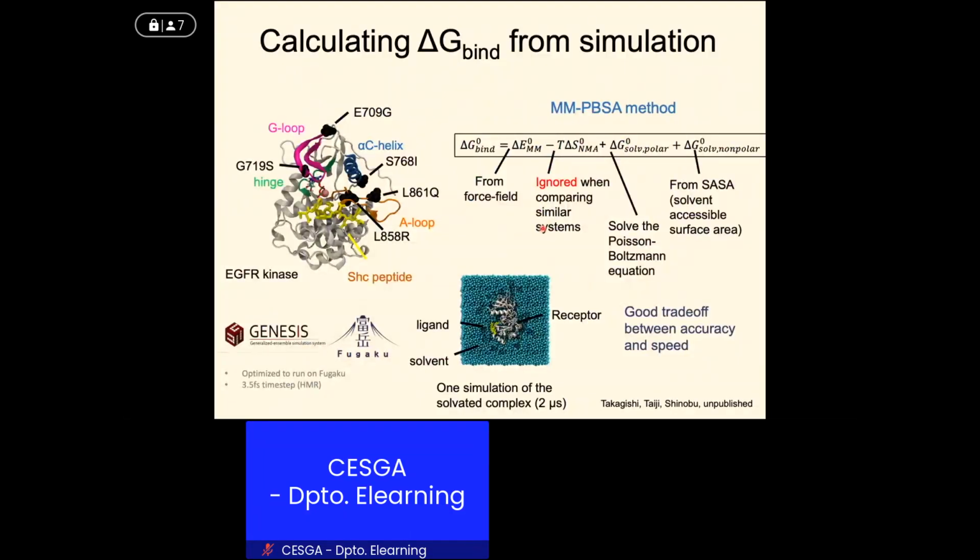So we performed the MD simulation of these EGFR mutants and their interaction with the SRC peptide. And to estimate the delta G, we used the MM-PBSA method. Actually, we have used this method several times. People who do MD simulation say that it's not the best method, but they cannot find a better one.